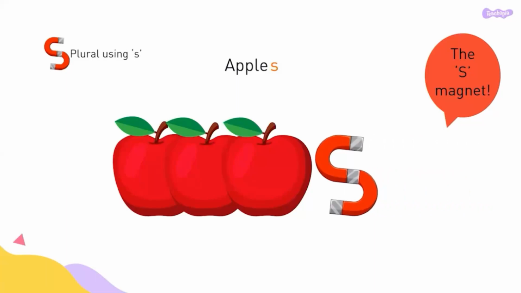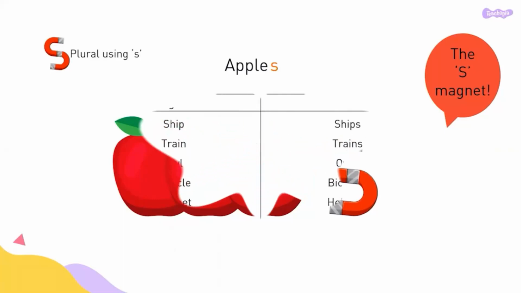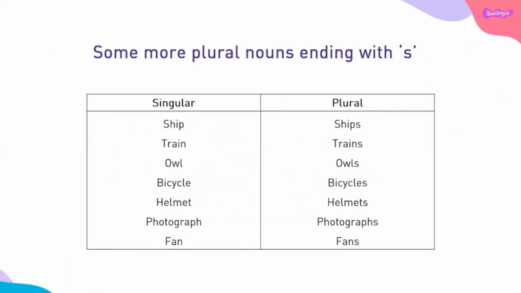Like apple gets attracted to the S and becomes apples. Okay, so I'm going to add S to these words and make them plural nouns. Ships, trains, owls, helmets, photographs, and fans.